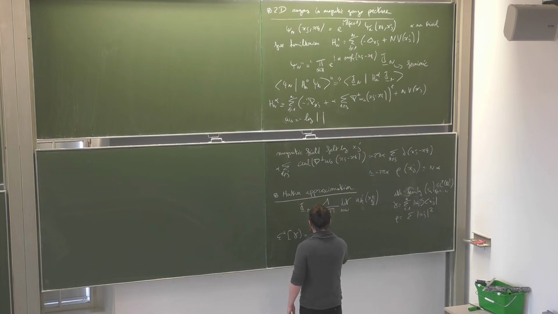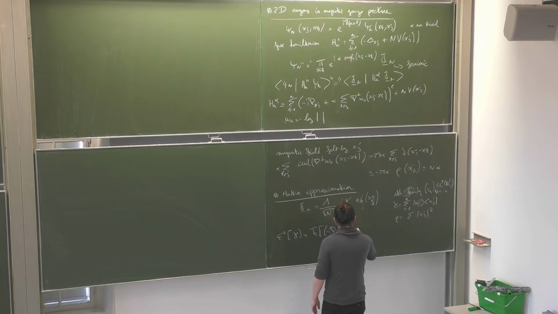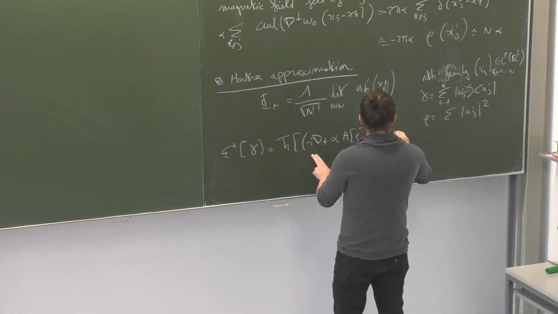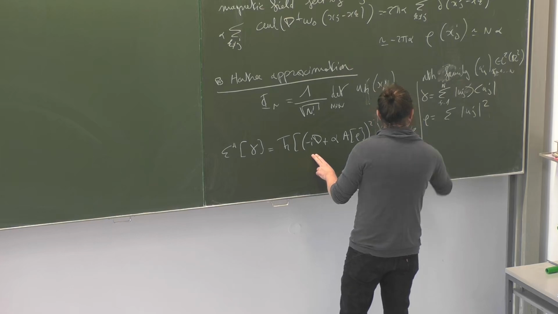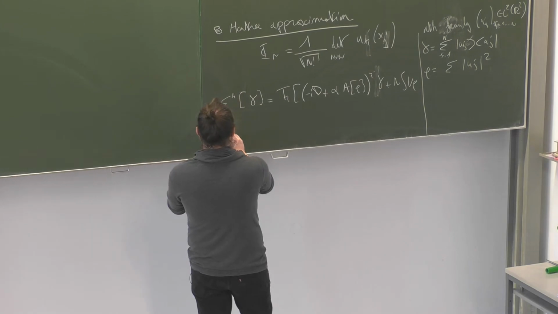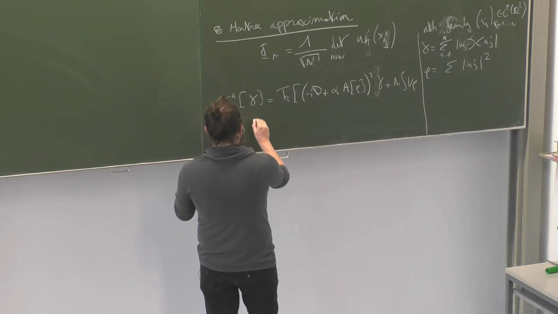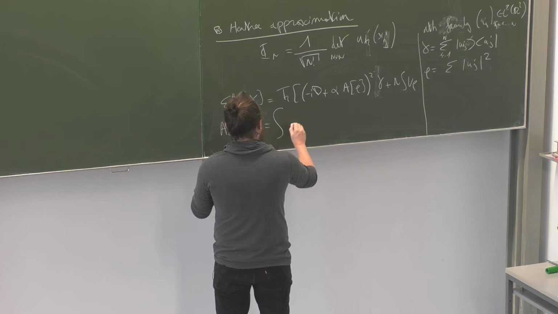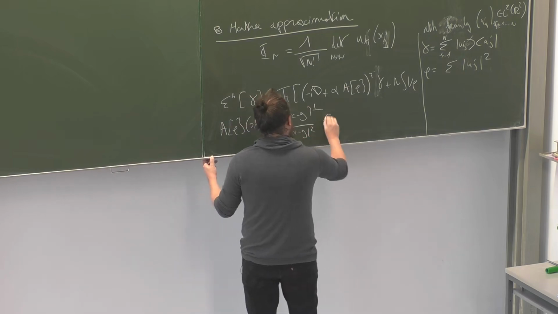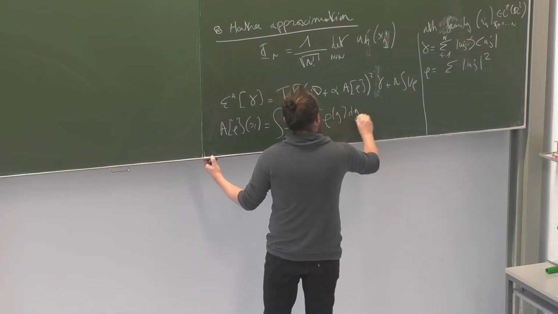It's trace of (minus i nabla plus alpha A of rho) squared against gamma, plus n integral of V rho, where A of rho at x is the integral of (x minus y) perp over |x minus y| squared, rho of y dy.